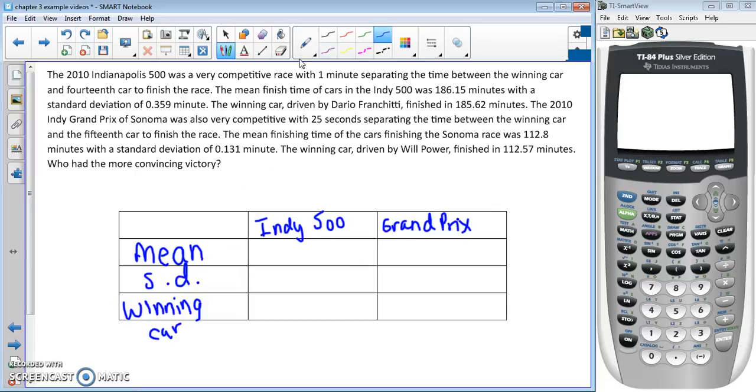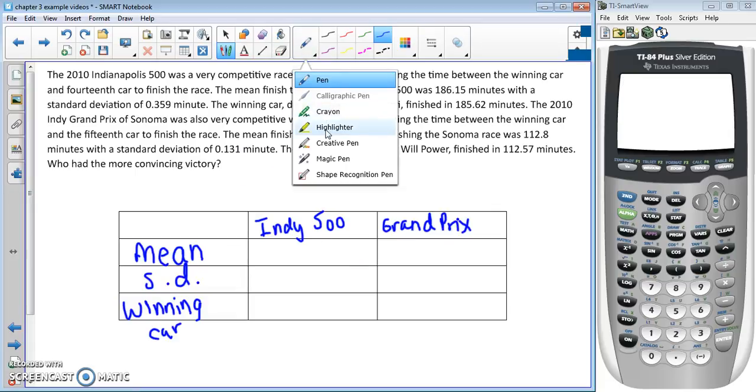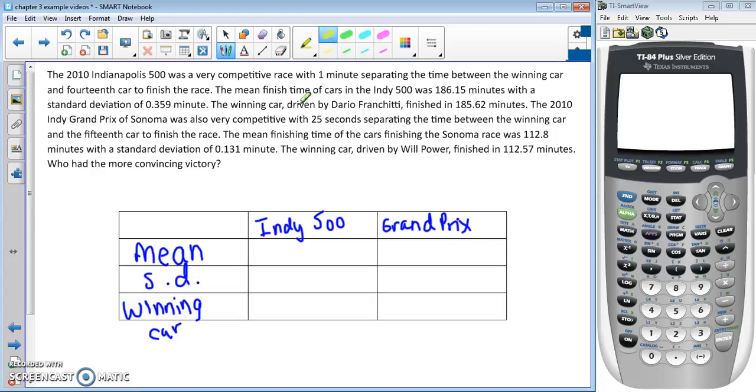So it says that the Indy 500 here, the mean was 186.15 minutes, and the standard deviation was 0.359 minutes. And we have the winning car there, Dario, who finished in 185.62 minutes.